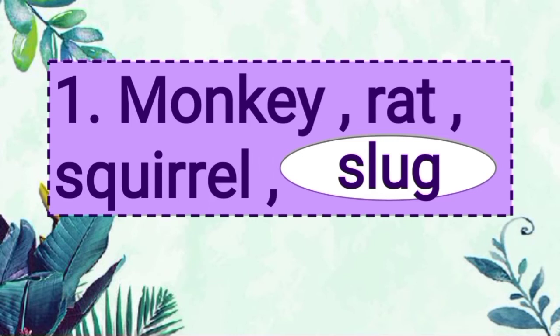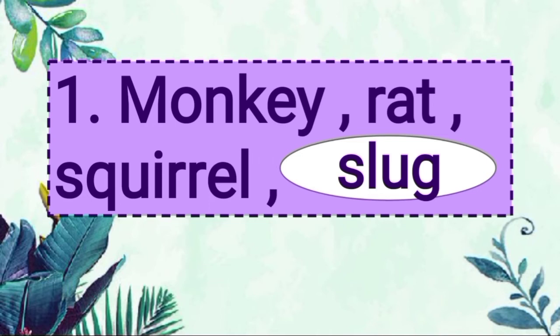Second word rat. Third word squirrel. And fourth word slug. So as you know, animals that do not have a backbone are called invertebrates.